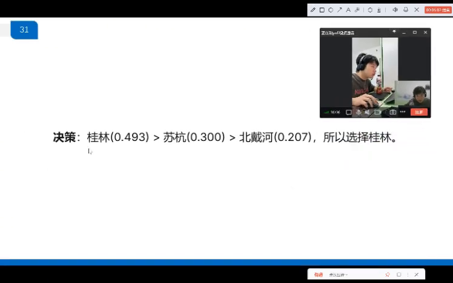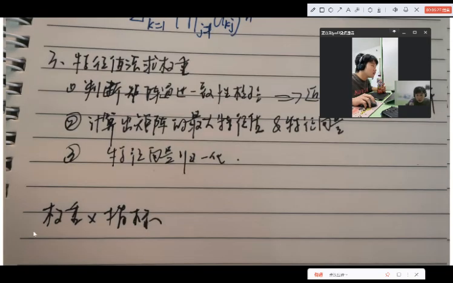So we finally get 3 weights, one for each destination, and compare them. The biggest weight is Guilin's weight. So Guilin is the best destination judged by ourselves. So we choose Guilin.